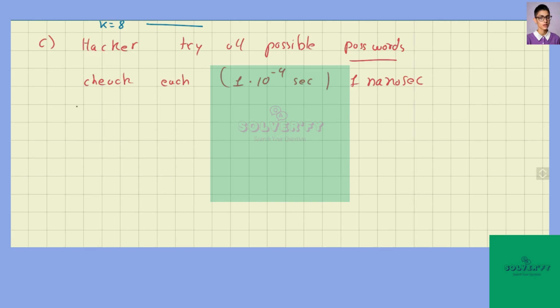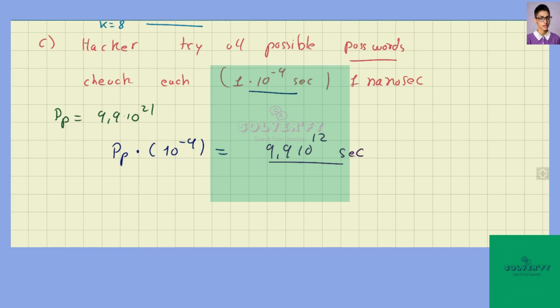So let's remember that all the possible passwords that we have is equal to 9.9 times 10 to the 21, and we're going to spend 1 nanosecond to check each password. So if we want to calculate the whole time, we need to multiply all the possibilities times the time spent to check each password, that is 10 to the minus 9, and this results in 9.9 times 10 to the 12 seconds.